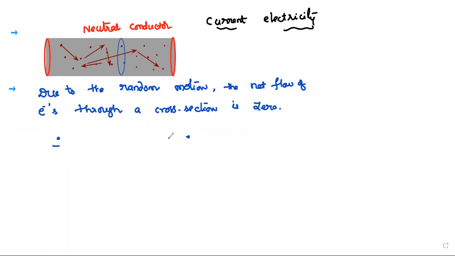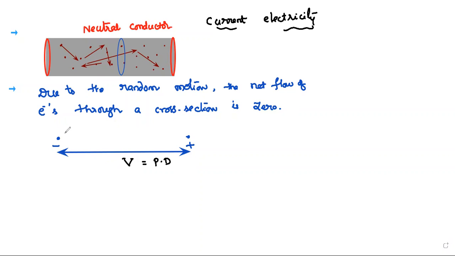Like this is suppose negative and this is positive, some potential difference. The difference in potential between these 2 points, let it be V. Potential difference, V is PD. Due to the potential difference, what happens? There might not be any random motion.